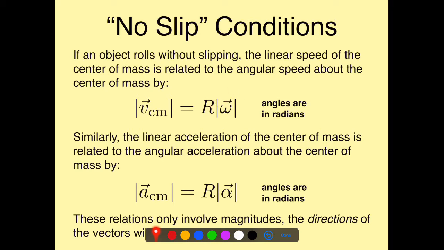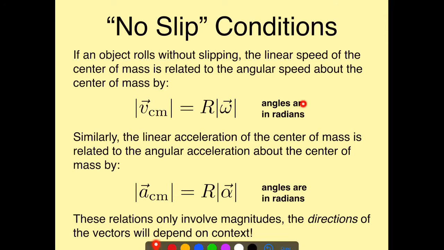Also, we're talking about a magnitude here. And this only works if the angles are given in radians, because earlier in our derivation, we said we had an arc length, which is equal to r times d theta. That part only works if the angles are given in radians. So we have to carry that assumption over into this.